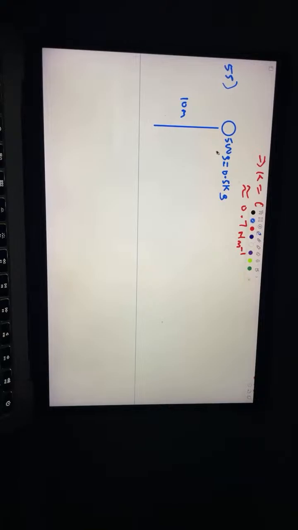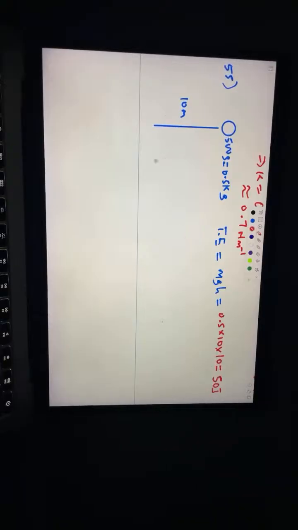So that means that it was initially at rest. Total energy initially is going to be mgh, the potential energy: 0.5 times 10 times height, which is 10, and that would be 50 joules.